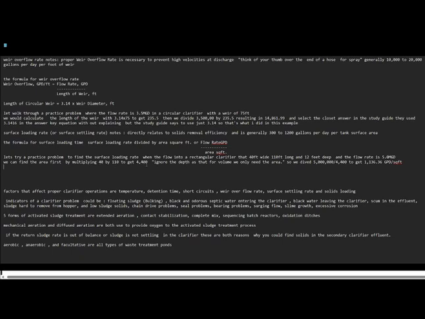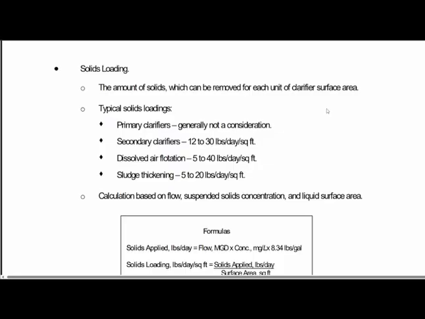Ignore the depth completely when finding area. It's not needed. That's only for volume. So we just divide the flow of 5 million gallons per day by the area of 4,400 to get 1,136.36 repeating, I believe.